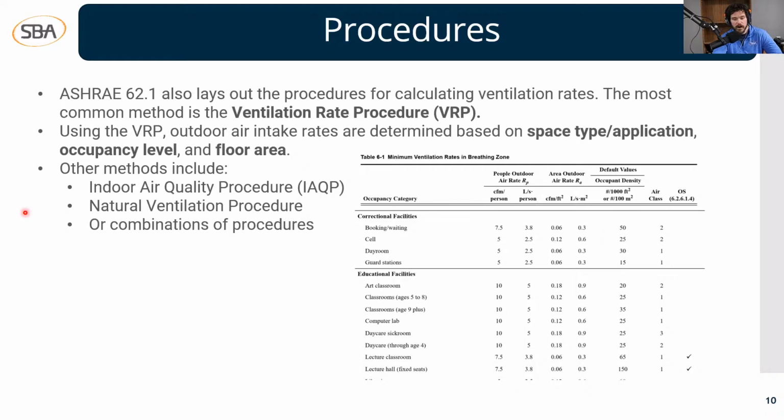If you guess wrong or you don't monitor the situation, you might fall out of compliance, which of course we don't want. And then our third method is our natural ventilation procedure. This is used when buildings are naturally ventilating, using devices or parts of our building like our open windows or our louvered air intakes. And this is only when we can prove that our airflow meets the indoor air quality needs.